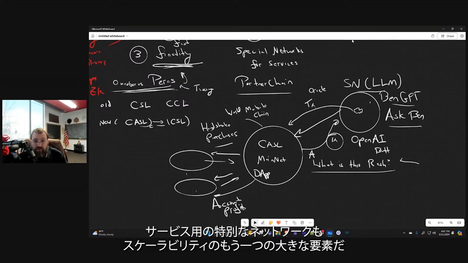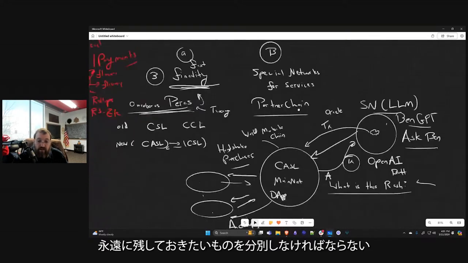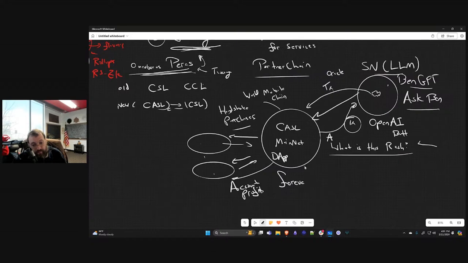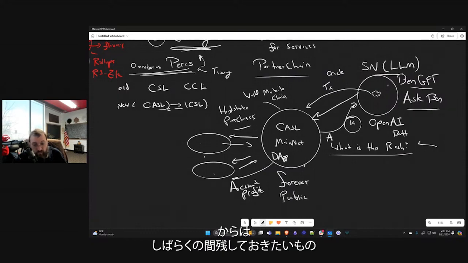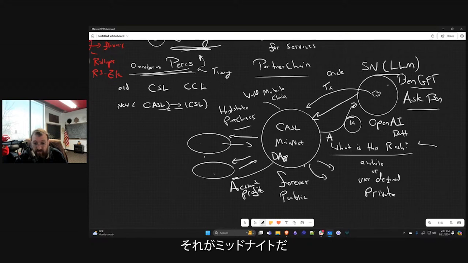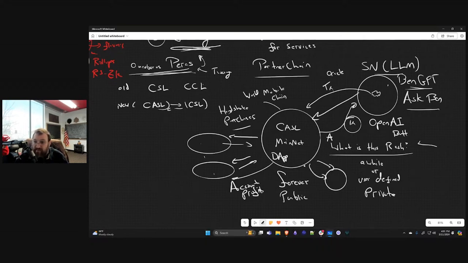So special networks for services is another big component of scalability. You have to segregate what you want to keep forever and public from what you potentially want to keep for a while or user defined, like rent, and potentially you want it to be private. That's what Midnight is doing for people. By the way, Midnight can obfuscate queries to Ask Ben.